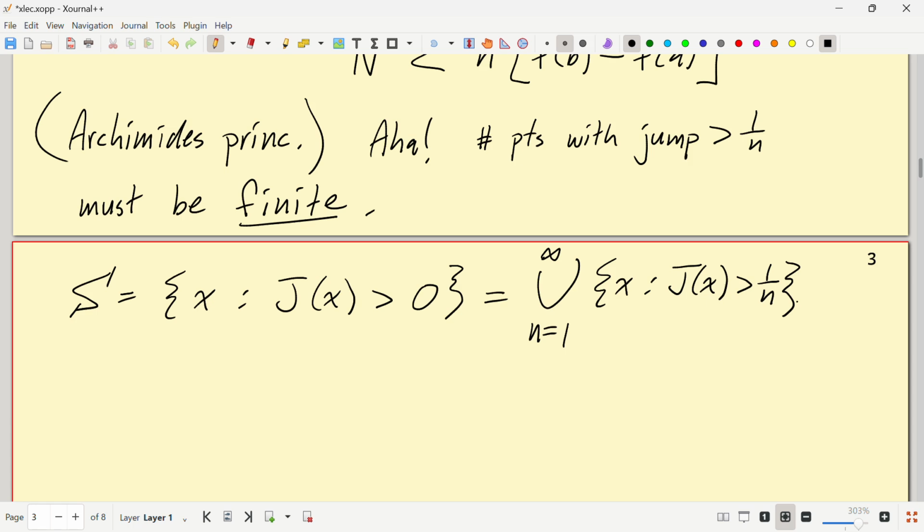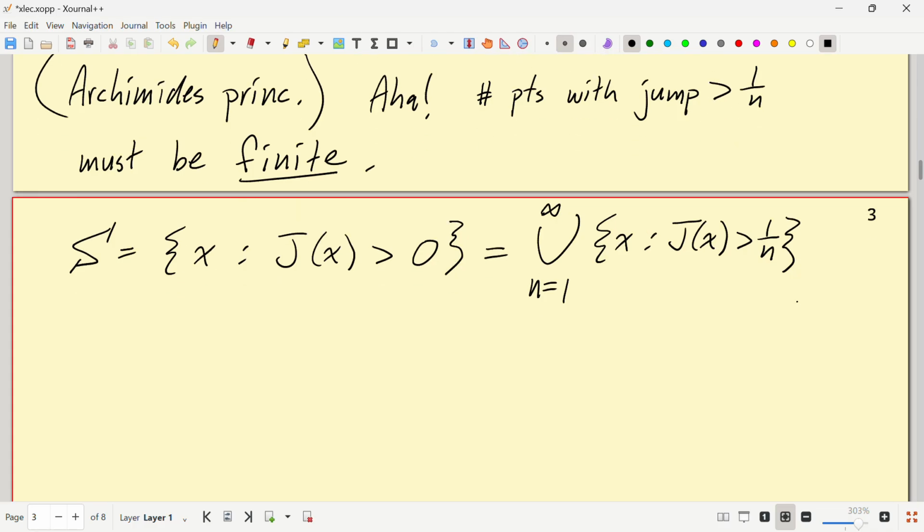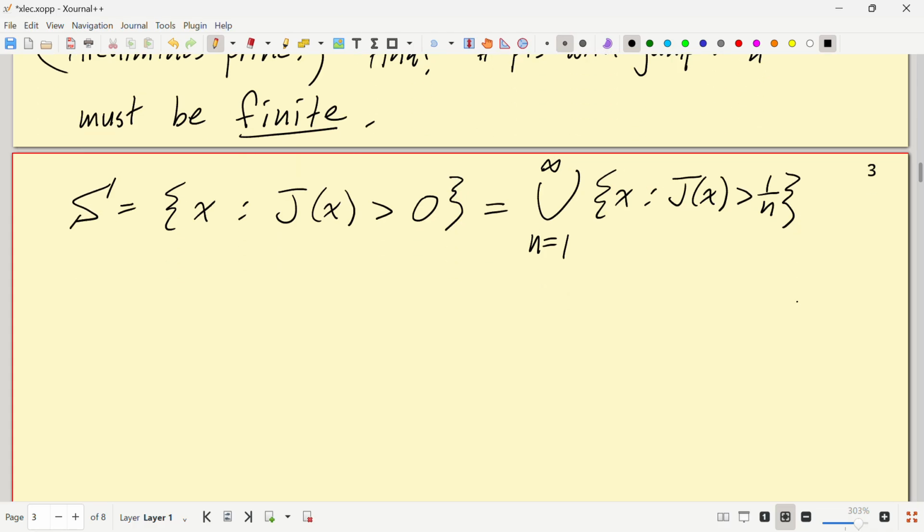And it's an easy fact that the countable union of finite sets is either finite or countably infinite. It's an easy fact.